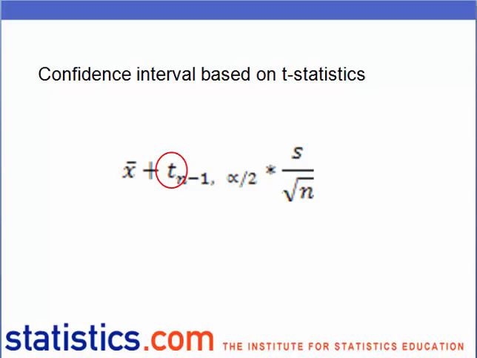It's going to be plugged in here, and then you scale it up by multiplying it by the sample standard deviation and dividing by the square root of n to put it on the same units, the same scale, should we say, as the actual sample mean values if we could draw lots of them. So this expression taken as a whole is the upper limit of the confidence interval, and there's a similar one on the left-hand side for the lower limit.